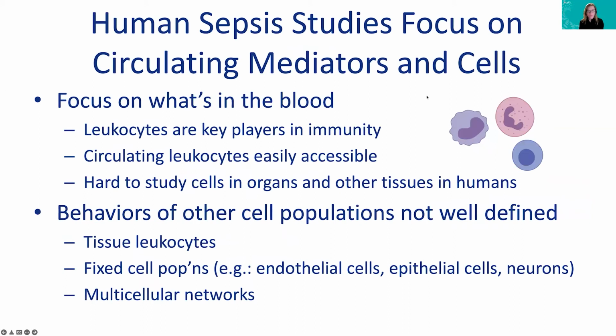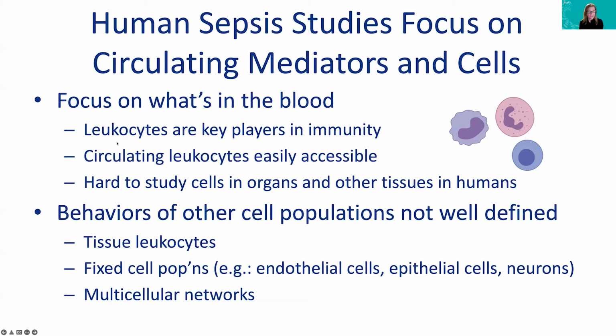I will start by saying that our understanding of sepsis pathophysiology at the cellular and organ level is limited. Human studies tend to focus on circulating mediators and leukocytes. This approach has led to huge insights into the immune system in sepsis and is practical because blood is easily accessible and can be repeatedly sampled over time.